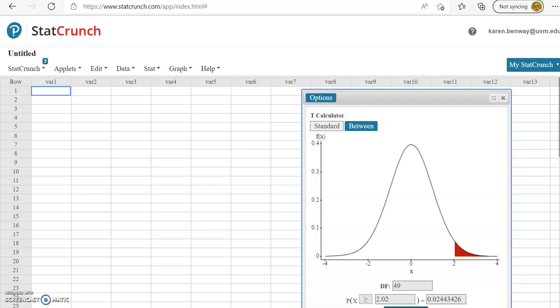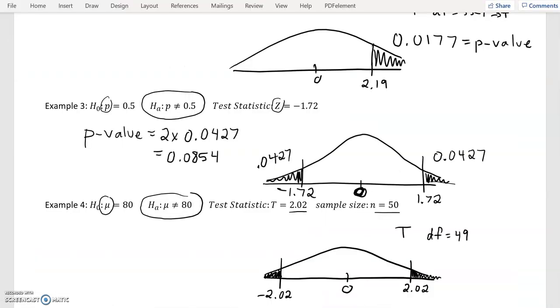And then compute. I have 0.0244, the area in one tail, which means the area in the lower tail is also 0.0244.